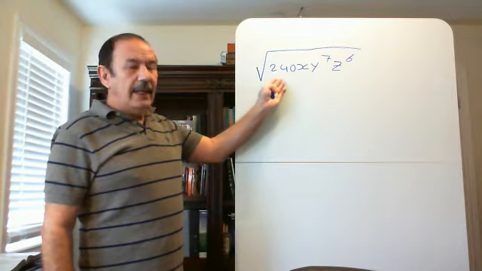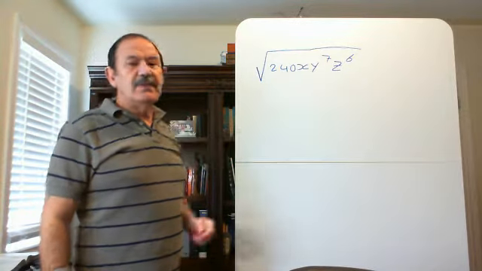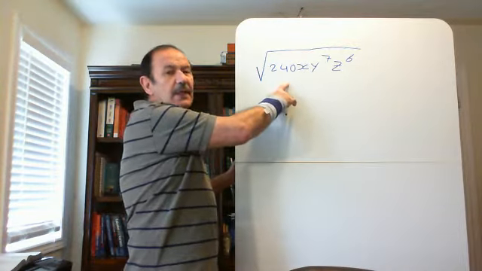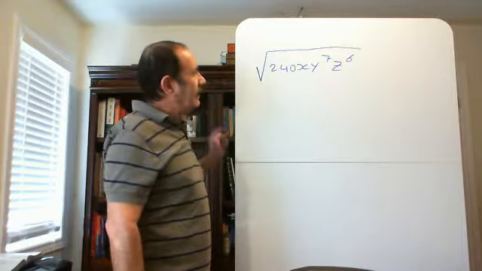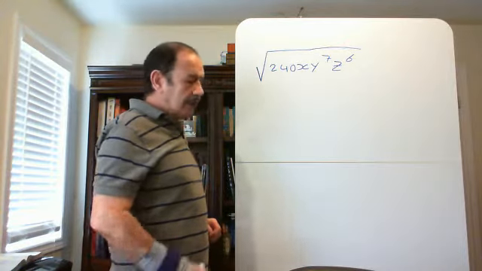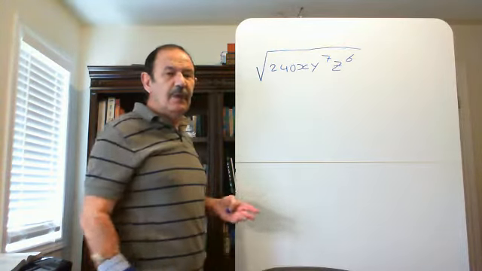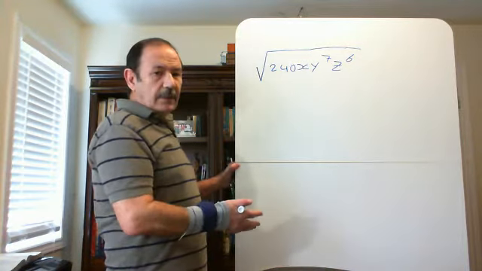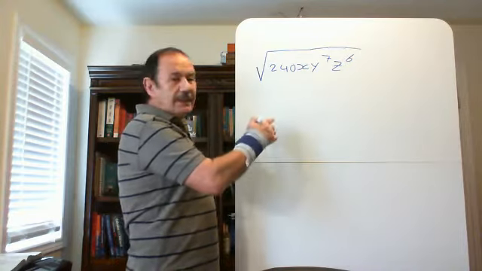First of all, I have to factor all of them into the perfect square and the other factor. For the 240, I want to factor it into two numbers, one of them a perfect square and the other number. How can I find the perfect square?